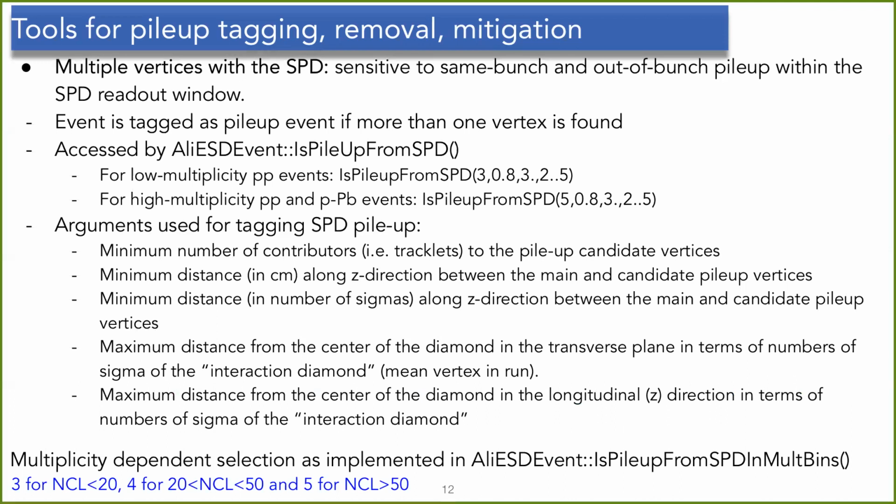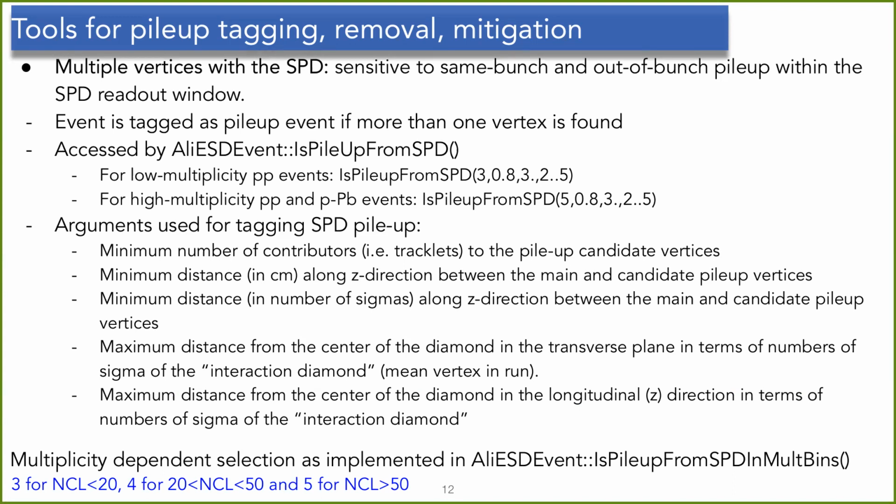So if you require that your events have a hit in the SPD, in that way you can neglect a huge amount of out-of-bunch pileup, but you cannot remove all of it. You need to remove the out-of-bunch pileup that happens in the SPD readout window. We did it with the AliPhysicsSelection task, but using it we cannot remove it completely.